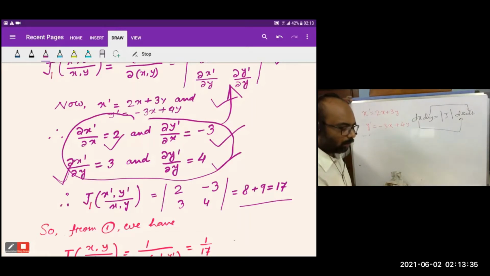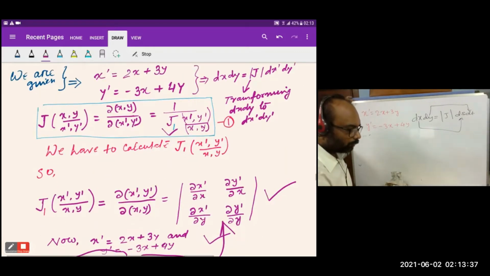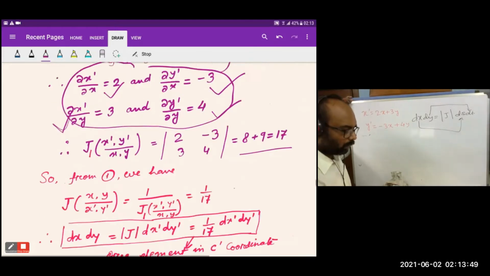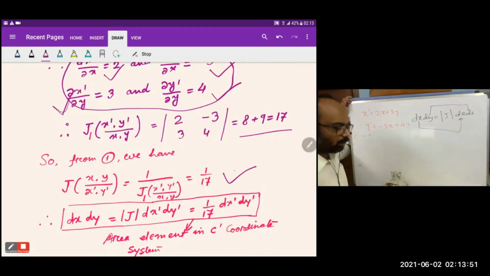So from equation 1, J xy with respect to x dash y dash equals 1 by J1, x dash y dash with respect to xy. So putting this value, we get J xy with respect to x dash y dash is equal to 1 by 17.